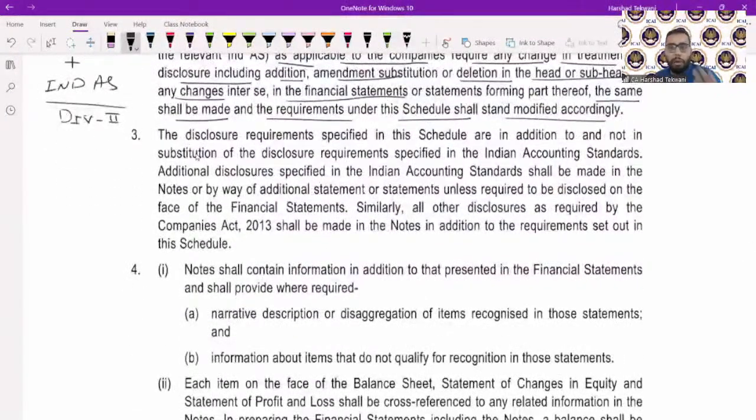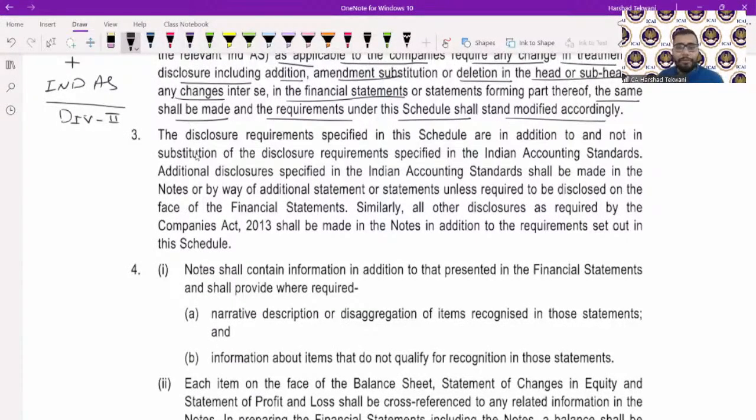Now also, this requirement of division 2 is not in substitution but in addition. It means that whatever Ind AS or the Act requires you to disclose, you need to disclose. Over and above that, you need to follow division 2. Let's say 3 points are required to be disclosed by Ind AS on employee benefits, and division 2 requires you to disclose 3 more points.